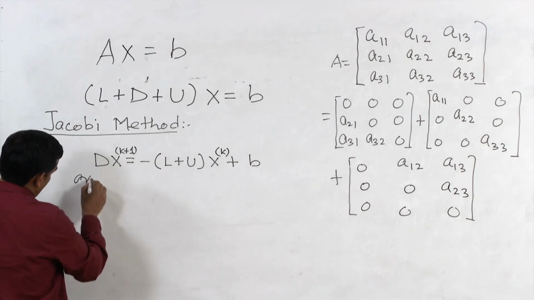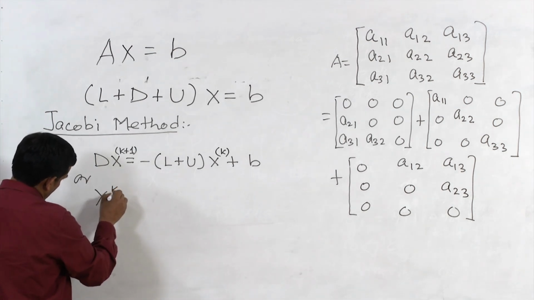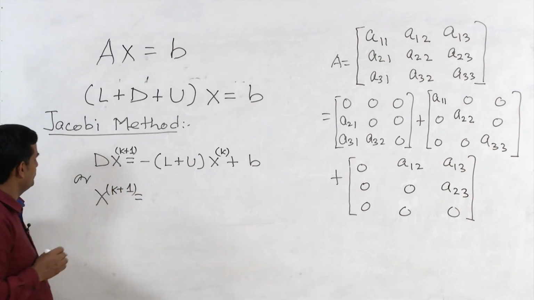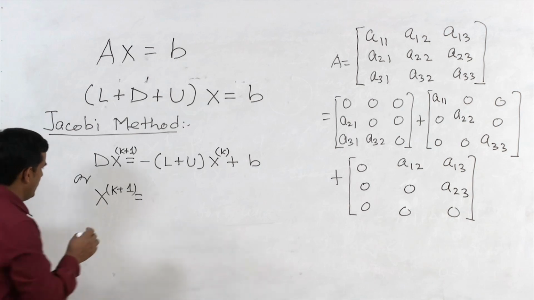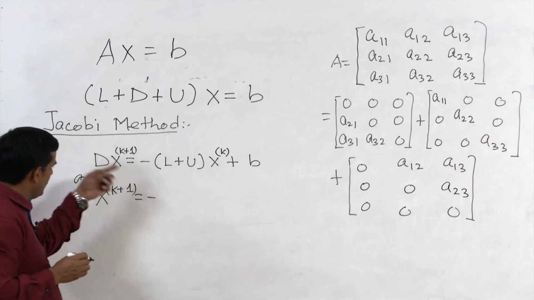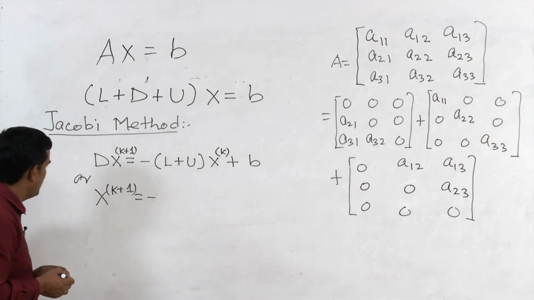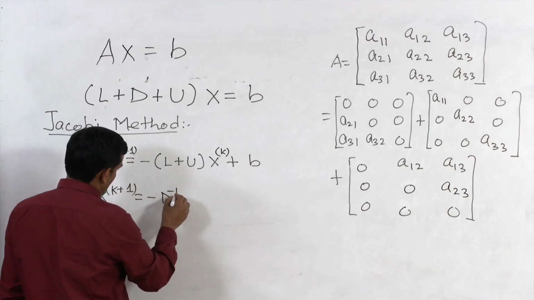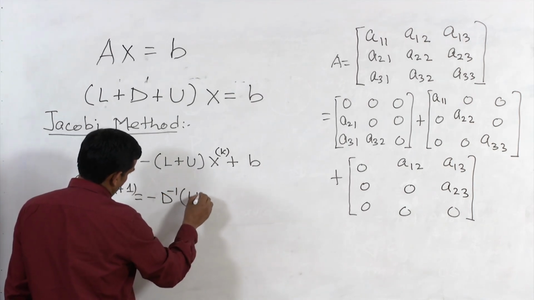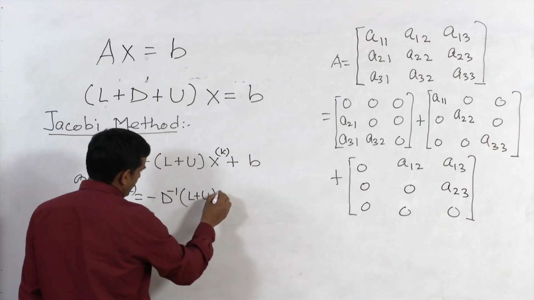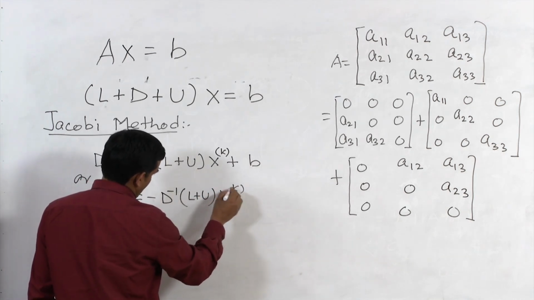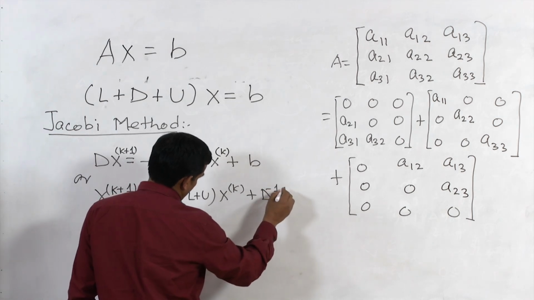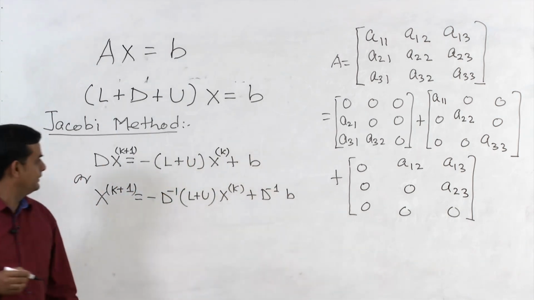Or I can write x^(k+1) equals, just pre-multiplying both sides by D inverse, so it will become minus D inverse (L plus U) x^k plus D inverse b.